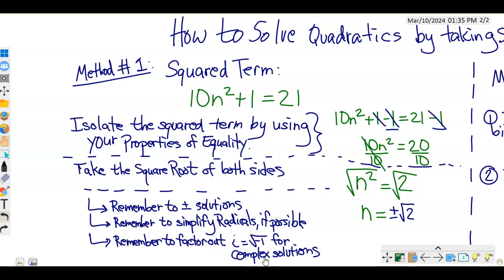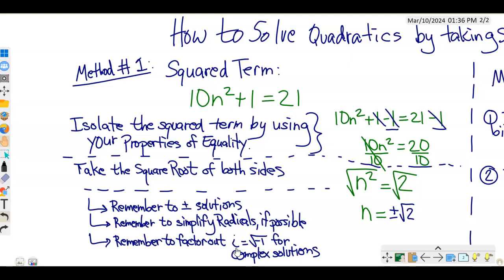If you factor out the square root of -1 and call it i, that's how you denote that you are about ready to try to take the square root of a negative number, which of course you can't do in the real number system, okay? But you can account for it in the larger number system as a whole.